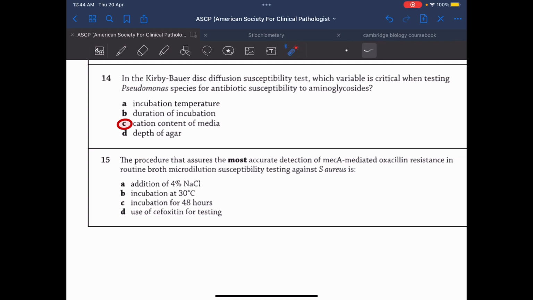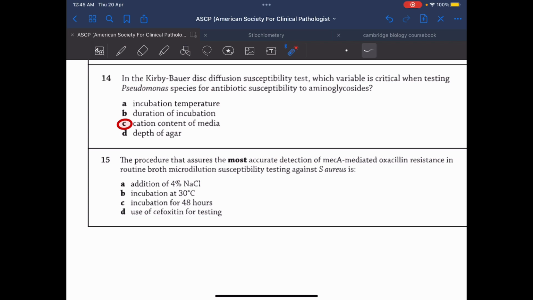Question number 15. The procedure that assures the most accurate detection of mecA mediated oxacillin resistance in routine broth microdilution susceptibility testing against Staph aureus is addition of 4% sodium chloride, incubation at 30 degrees centigrade, incubation for 48 hours, or use of cefoxitin for testing.